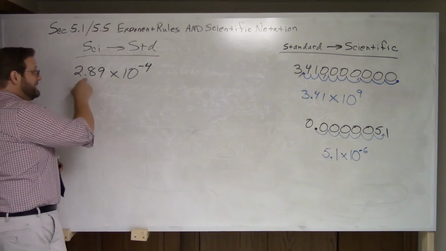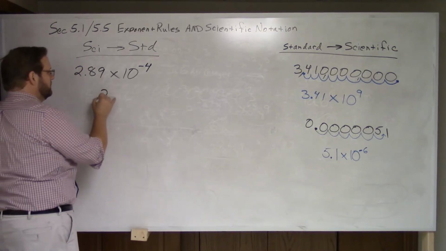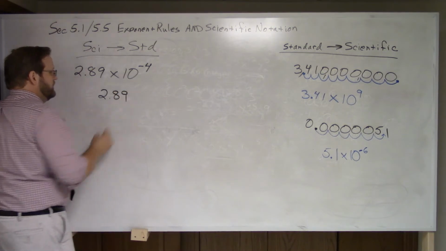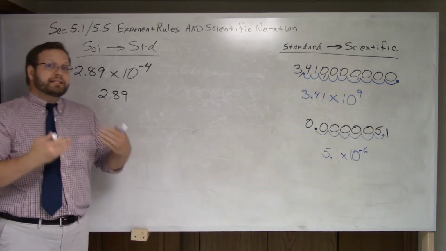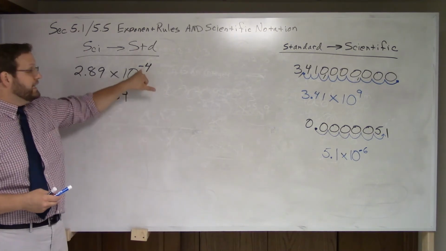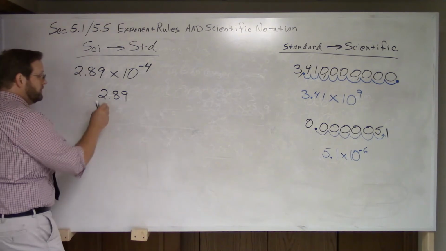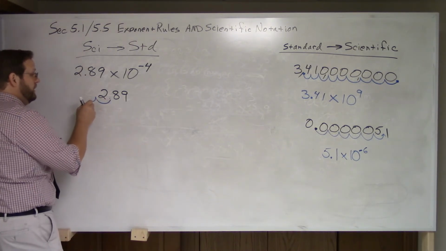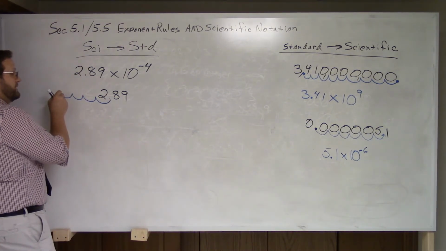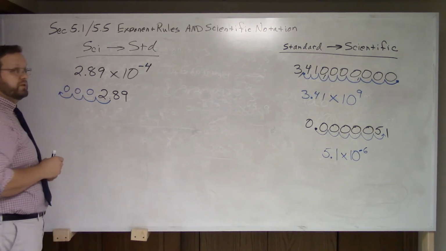Now, I'm going to take this scientific version of the number right here. And now I want the standard to be smaller or bigger. A negative means the standard should be smaller. So to make this smaller, I'm going to move it this way. 4 spots. And if I have blank spots, I fill those in with zeros.